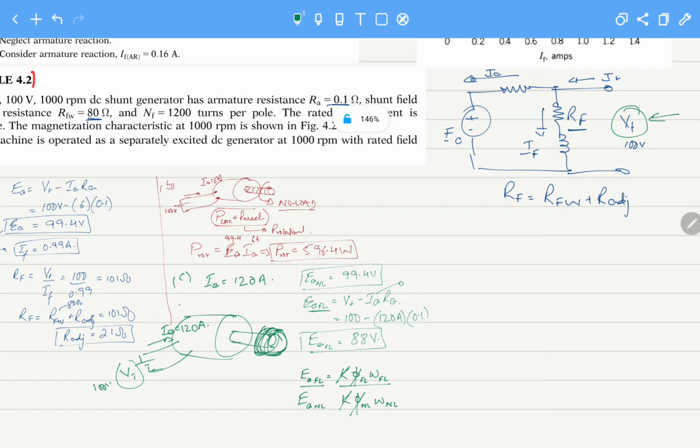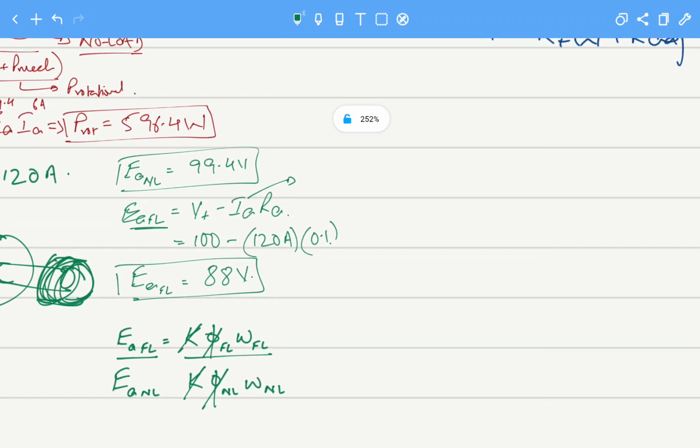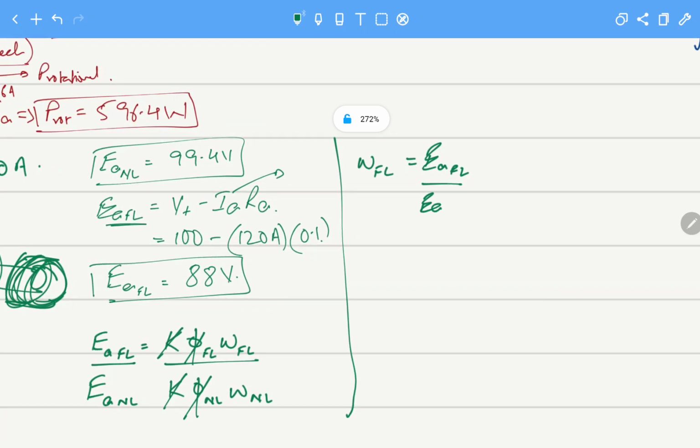So at full load, the speed will be equal to EA full load divided by EA no load, times the speed at no load. Now what is the speed at no load? We know it is 1000.